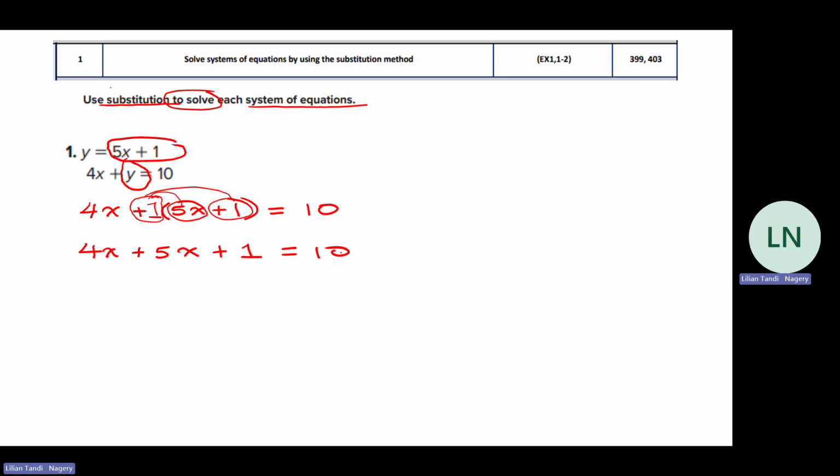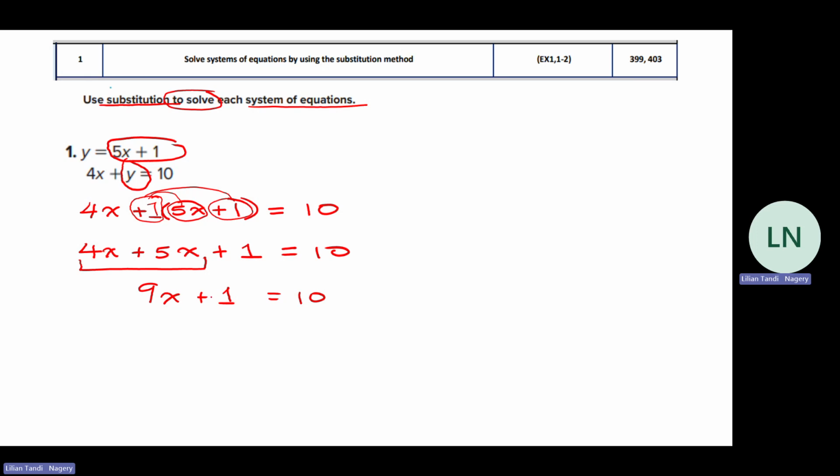Now, according to this equation, these are friends. Why are they friends? Because they have the same variable. So 4x plus 5x becomes 9x plus 1 equals 10. In this equation, 1 and 10 are friends.